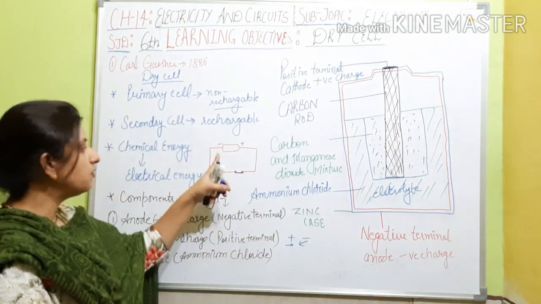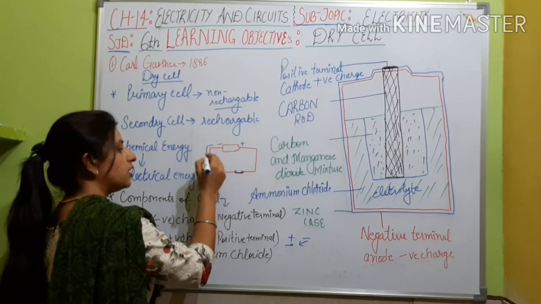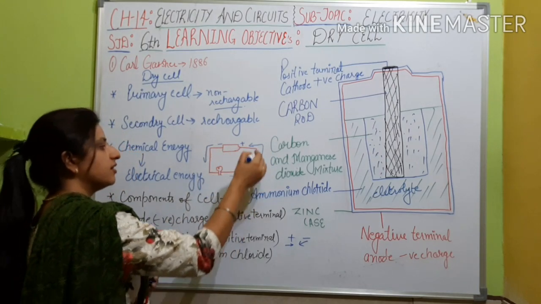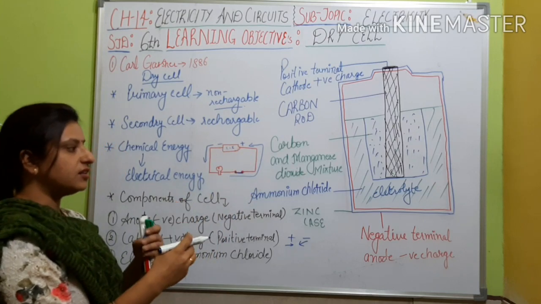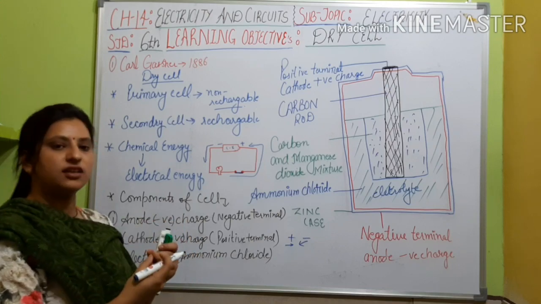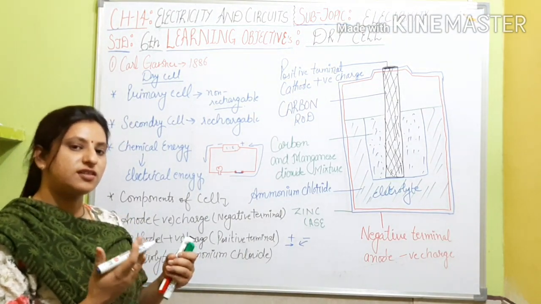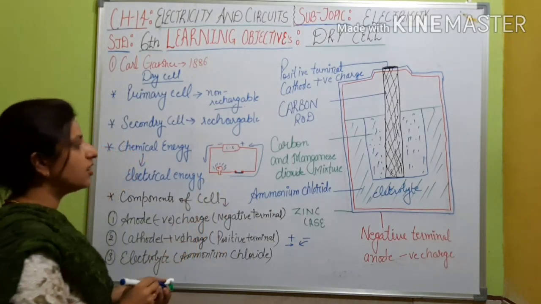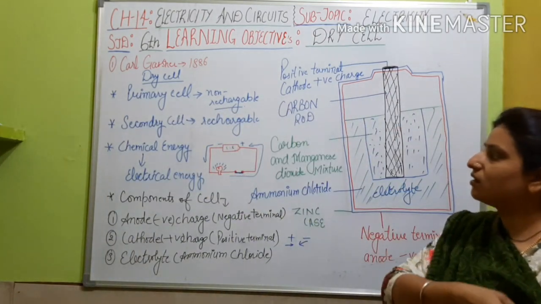So the electrons will move from the negative terminal to the positive terminal, and like this the chemical energy present inside the cell is used up, and the chemical is converting its energy into the electrical energy. And how will we know that this energy is being used up? When the bulb glows.